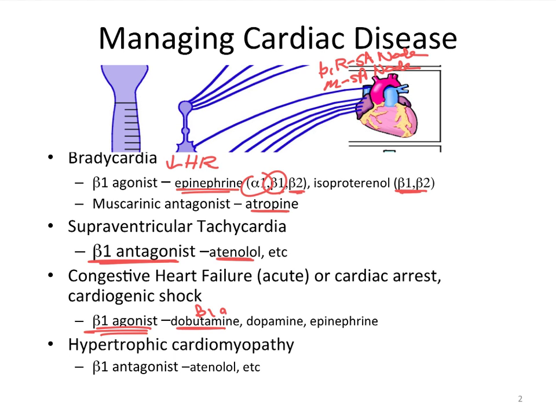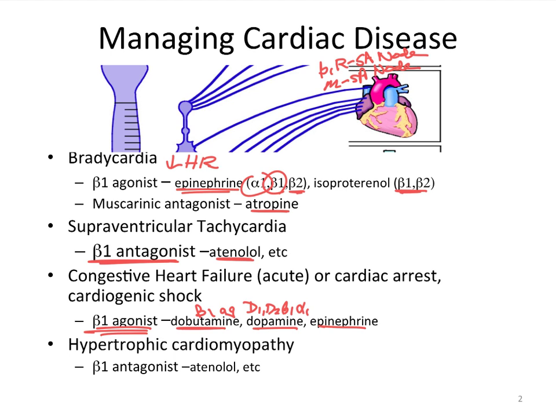And dopamine has dopamine 1, dopamine 2, and it has beta 1 and alpha 1 activity. So dopamine could do this, or epinephrine. And epinephrine, as we pointed out before, has dominantly alpha 1, beta 1, and beta 2.